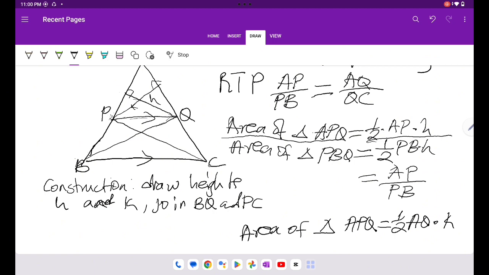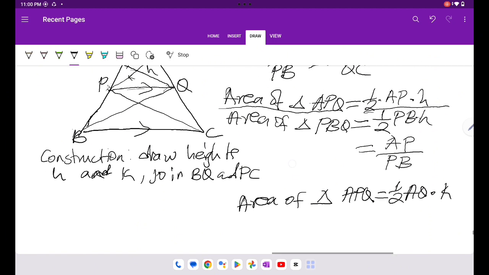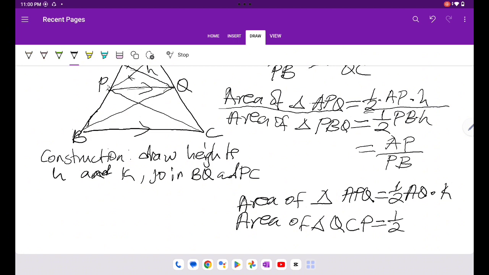We want QC now. So we calculate the area of triangle QCP. It's also half. Now it's QC multiplied by K also.